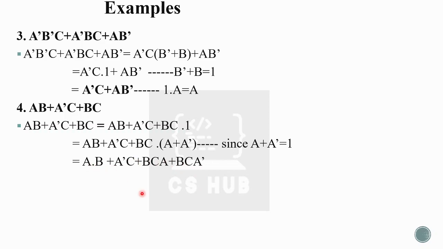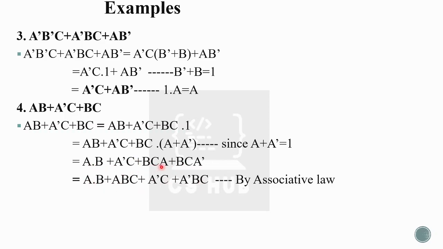It will be like AB plus ABC, then A bar C plus A bar BC. BC A bar is arranged to A bar BC. By using associative law and also commutative law here.